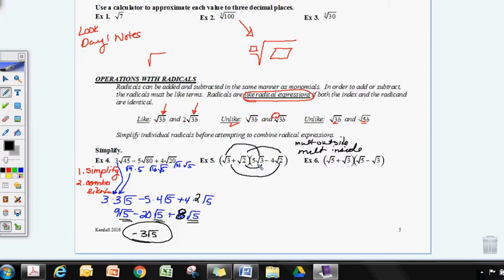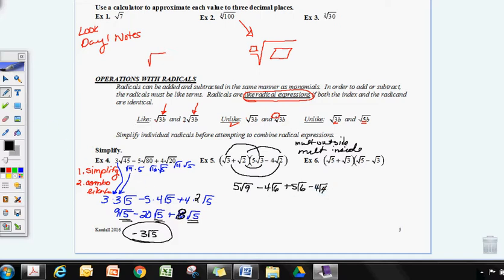So root 3 times 5 roots of 3 would give me 5 roots of 9. Root 3 times negative 4 roots of 2 would give me negative 4 roots of 6. Insides, I would get positive 5 roots of 6. And the last, I would get minus 4 roots of 4.